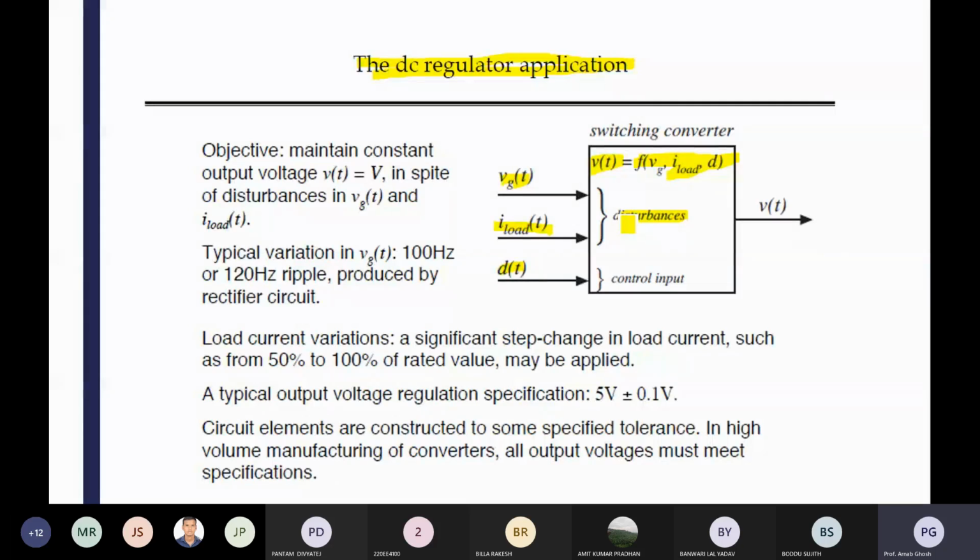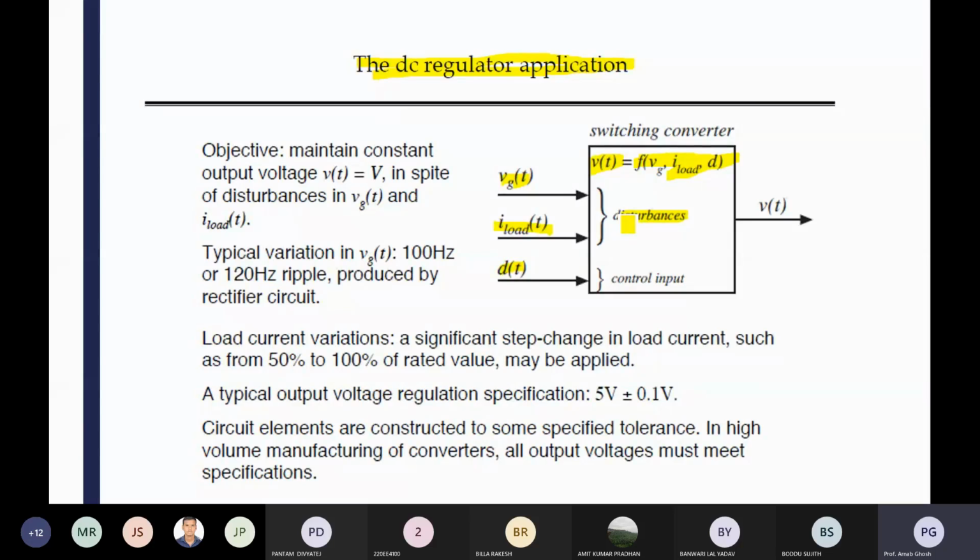Sometimes you also put disturbances into your duty, meaning the input of the compensator. A very small amount of disturbance you can provide there, after the differential amplifier. In voltage mode control, the output voltage is sensed, then the reference voltage is there, and you subtract the output voltage from the reference voltage.